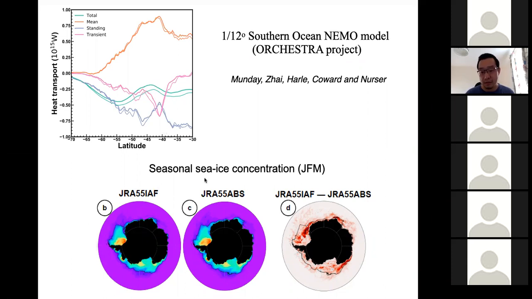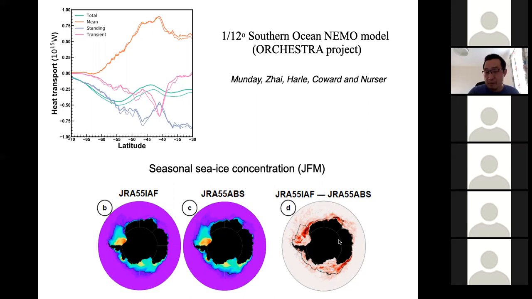As a consequence, if you compare the sea ice extent in the relative wind stress experiment and the absolute wind stress experiment, there's more sea ice in the relative wind stress experiment in this NEMO model. It's because the relative wind stress dampens the eddies and reduces the eddy poleward heat transport, which then melts less sea ice.